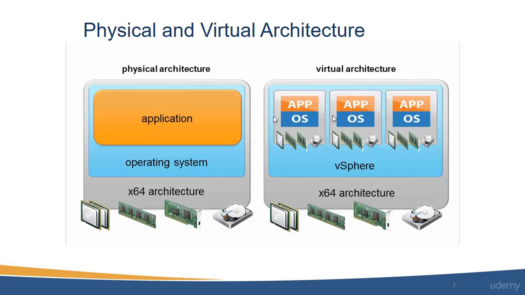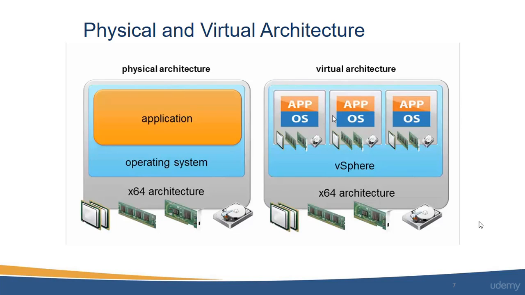As you will see here, we create a virtual machine with one CPU, RAM, network adapter, hard drive, etc. We create as many virtual machines as we can with virtual hardware that is a part of the original hardware. So this is the virtual architecture. This is what happens when you change your physical server to a virtual architecture.